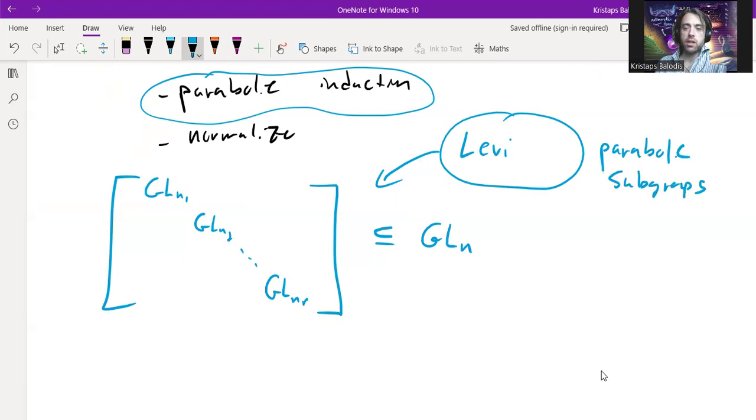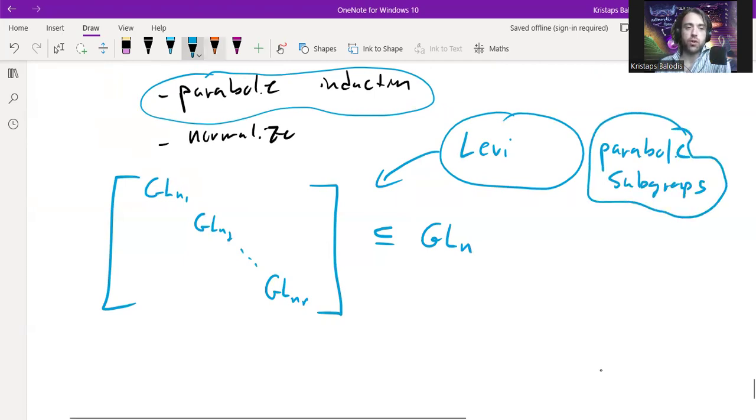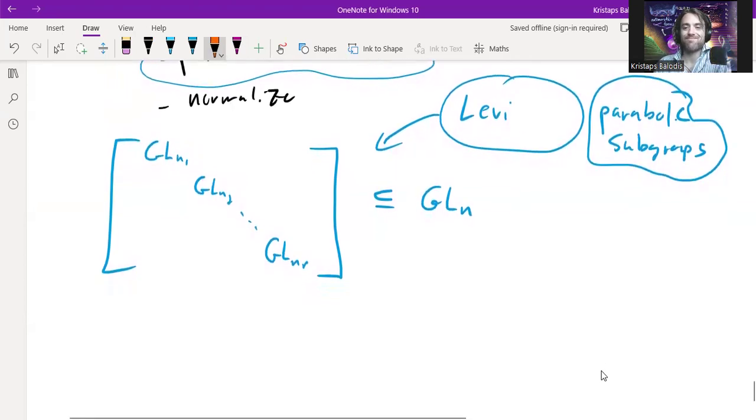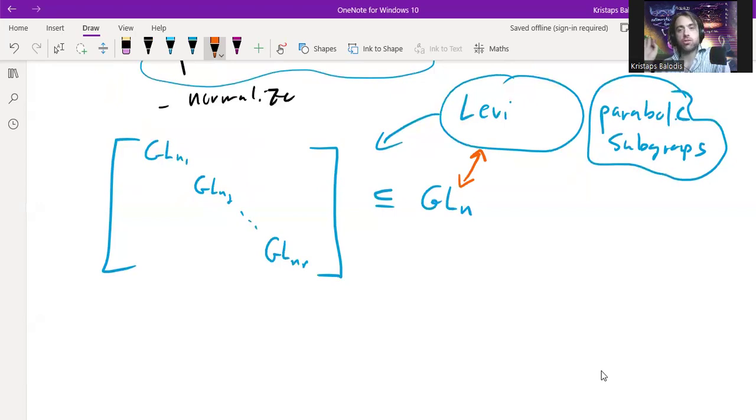So why do we care about this? To just give you a brief explanation, how do I say it simply? The Levi subgroups clearly have this very nice structure. And from the perspective of algebraic geometry, which, if you don't know that, don't worry, I'm not trying to scare people.